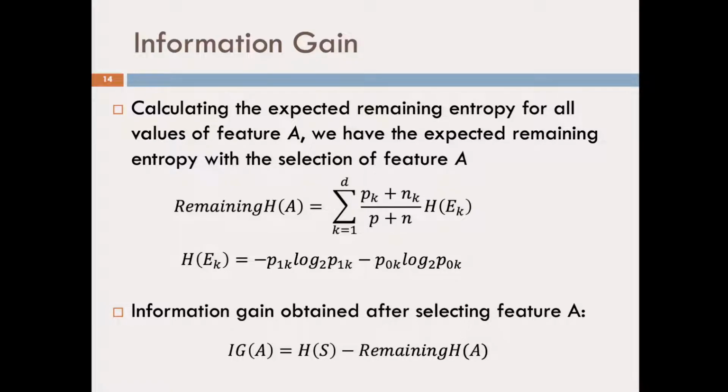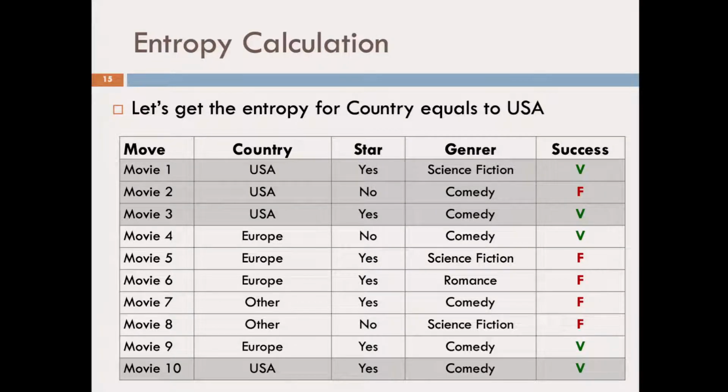So let's do some examples here that are going to be easier to understand, okay? So I'm taking again the same data set from the beginning of the slides, okay? And we are going to test all the features, okay? So if we select the feature country, let's see what happens, okay?